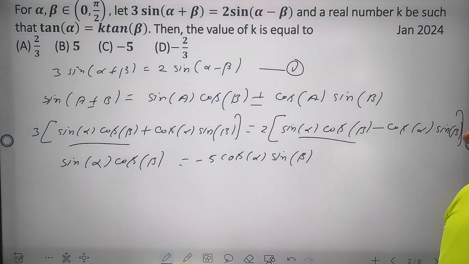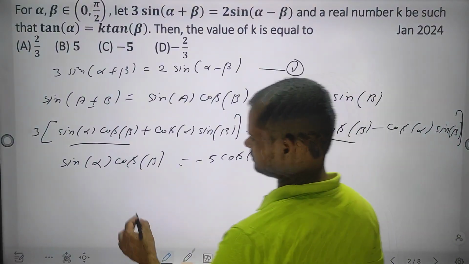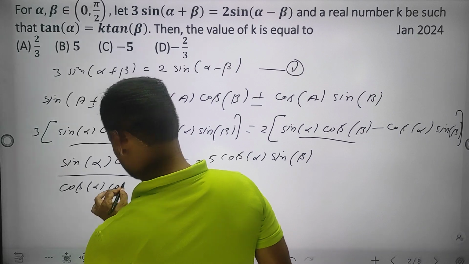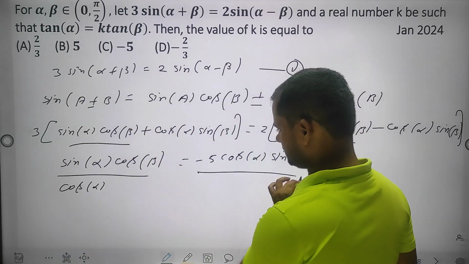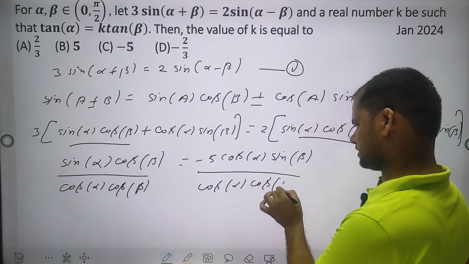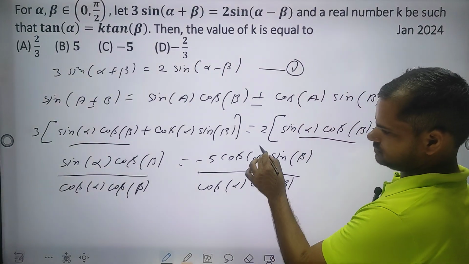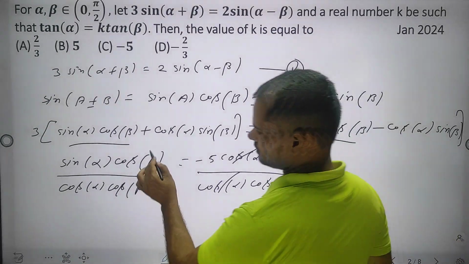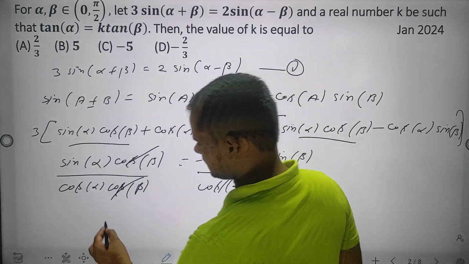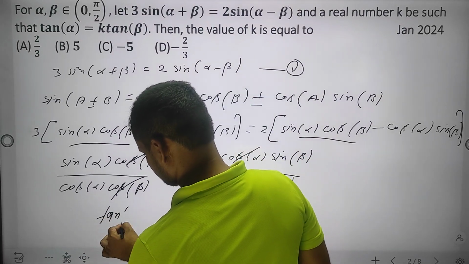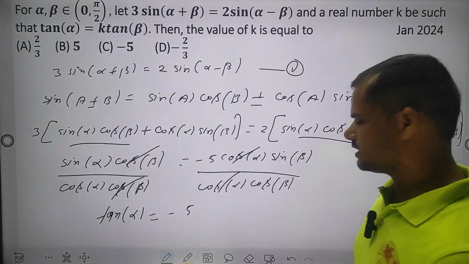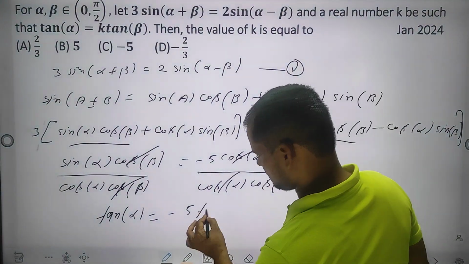Now dividing both sides by cos alpha cos beta, cos alpha cancels out, cos beta cancels out, and sin alpha upon cos alpha is tan alpha, and minus 5 sin beta upon cos beta is minus 5 tan beta.